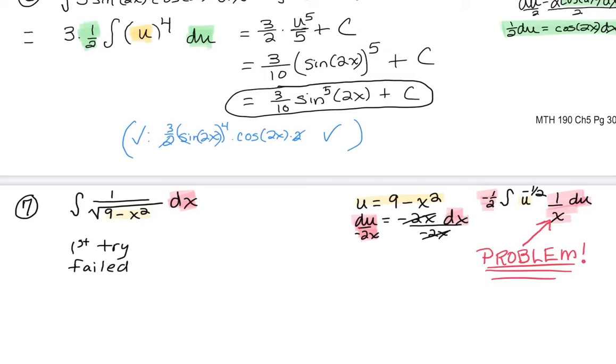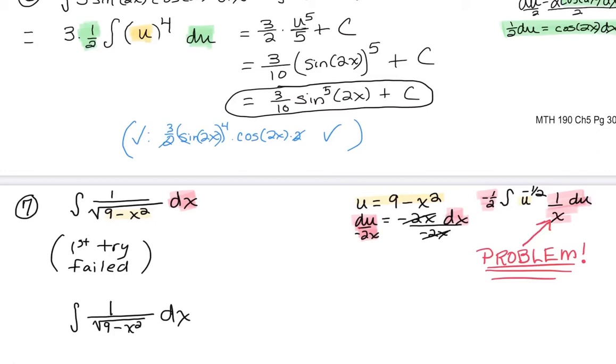Okay, so there's a little bit of an art to integration. And so first try failed, let's get after it again. So let's rewrite my original integral here: 1 over the square root of 9 minus x squared dx. So my U-substitution didn't work, and that was my best hope.